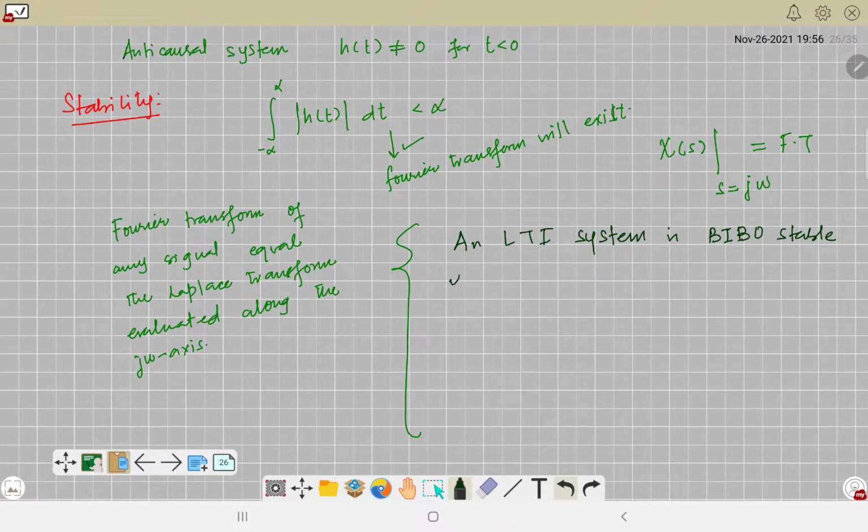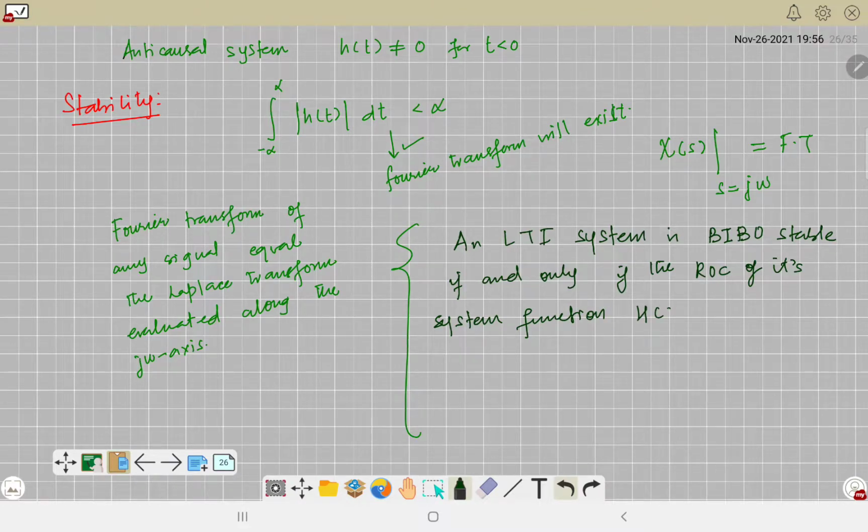So it is BIBO stable if and only if the ROC of its system function H of s includes the j omega axis.